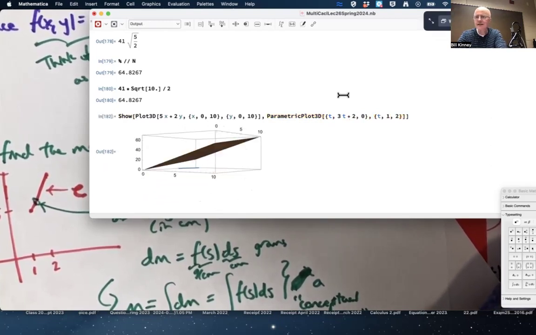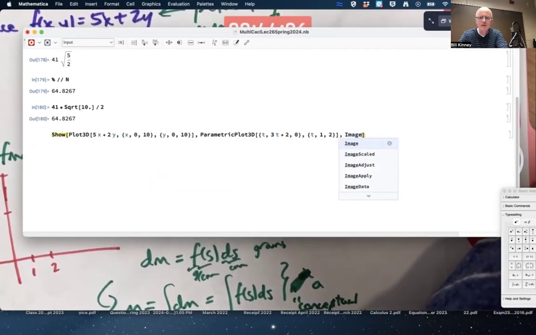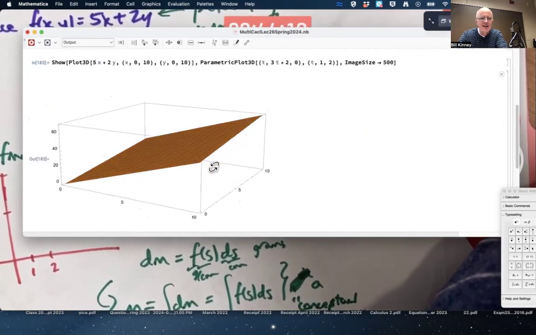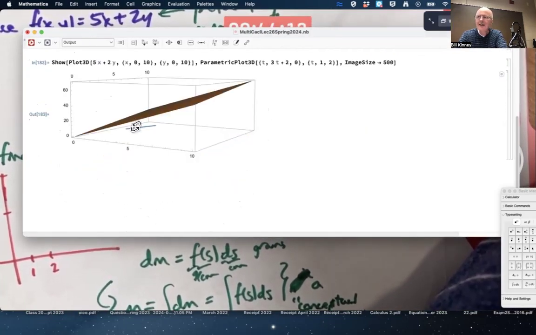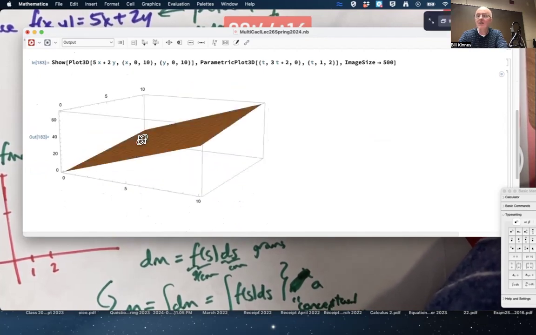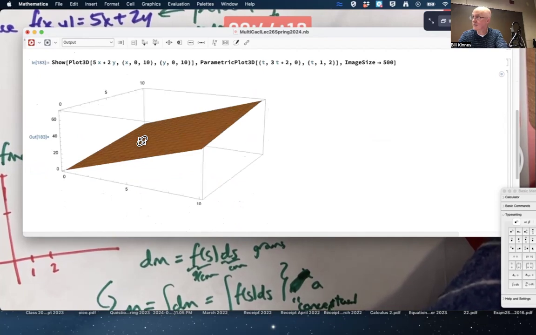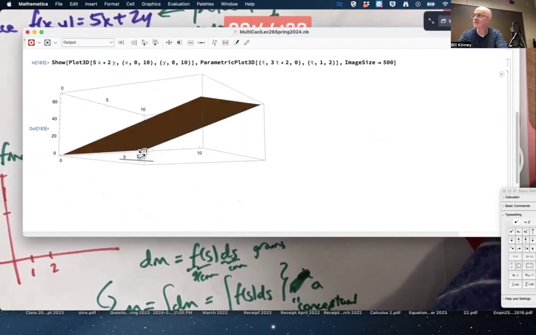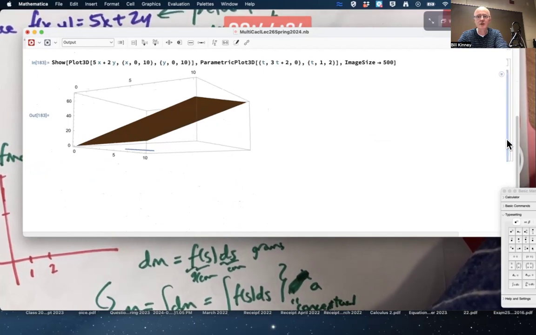A little hard to see there. See that line there? The answer represents the area, not volume, area under the surface above that line. Okay, so you can interpret it geometrically that way too, and that's something the book emphasizes.